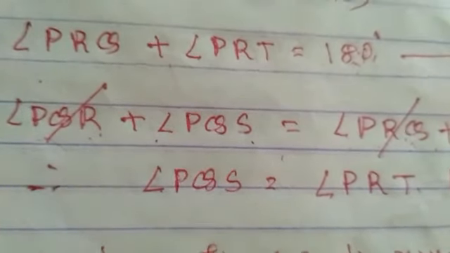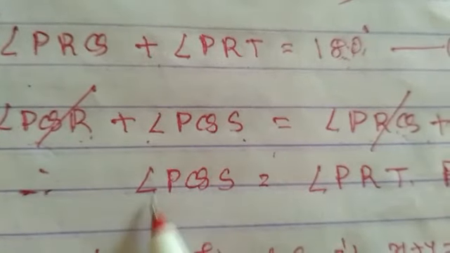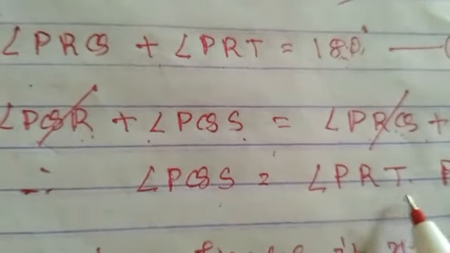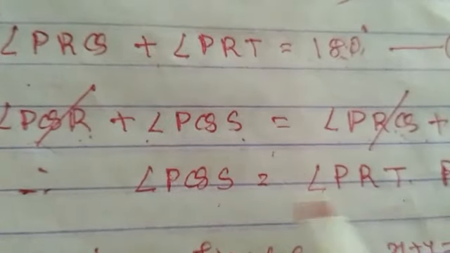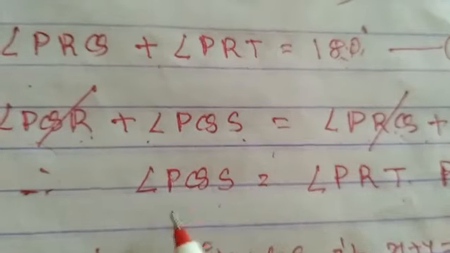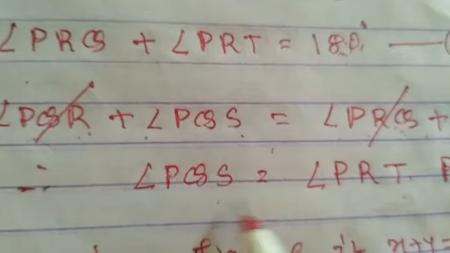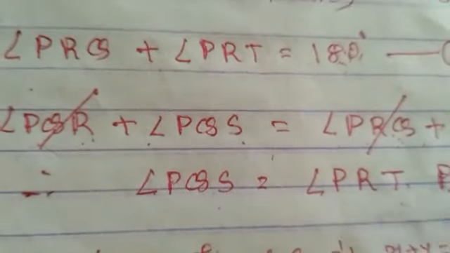After cancelling, we are left with angle PQS equal to angle PRT. And this was the condition which was to be proved. So by this way we reach the result, that is angle PQS is equal to angle PRT.